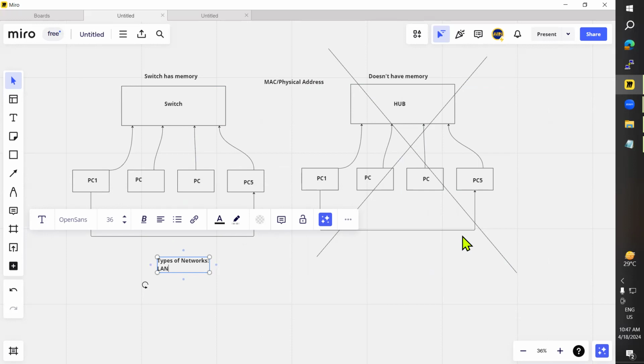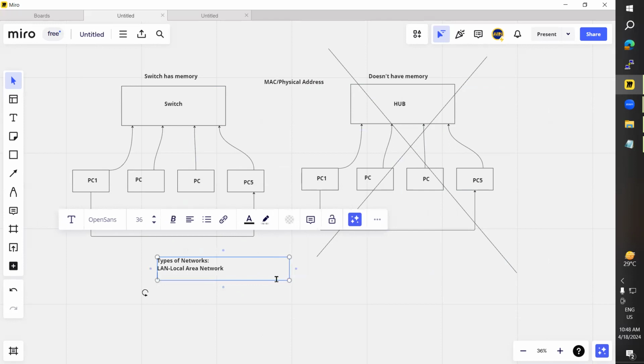One is LAN, local area network. And the second one is the Metropolitan Area Network, MAN.